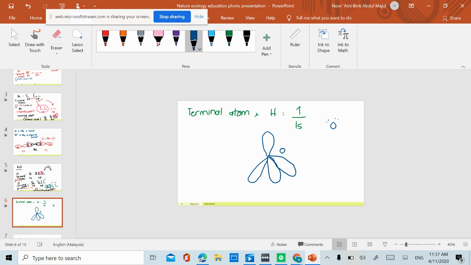Remember, finally, the shape must be V, like this. So if I have the lone pairs here and here, then I will get my V shape. And it overlaps with the 1s of hydrogen, and here also the 1s of hydrogen. Remember, you must label all the hybrid orbitals: sp3, sp3, sp3, sp3, 1s and 1s.